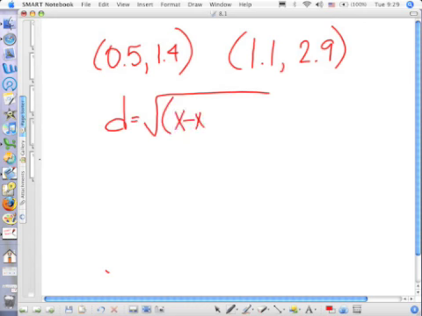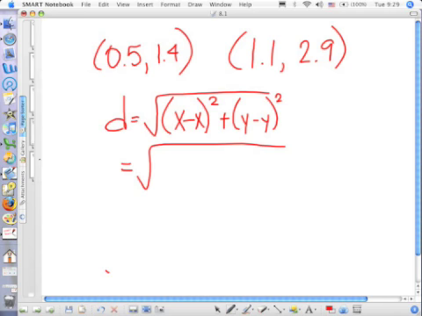x minus x squared plus y minus y squared. All right, our x coordinates are 0.5 and 1.1. My y coordinates are 1.4 and 2.9.